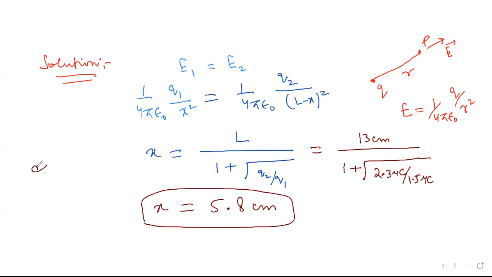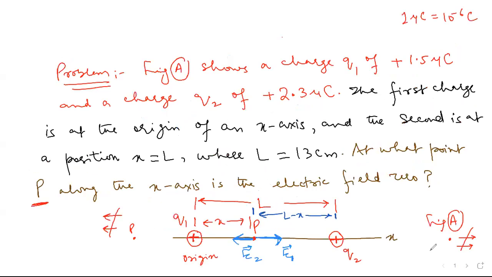As always, you have to check it at home. First check from this equation, convince yourself that x is equal to L over 1 plus square root of Q2 by Q1. Then make this calculation and solve these numbers. You will get x equal to 5.8 centimeter. Now L is 13 centimeter. As we said in the beginning, point P must lie between the charges.